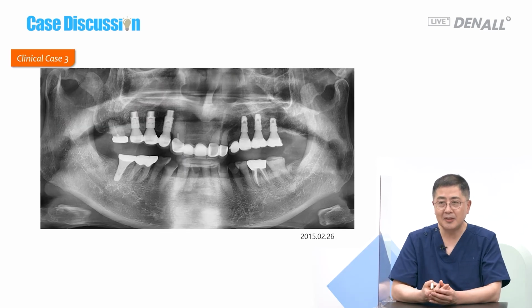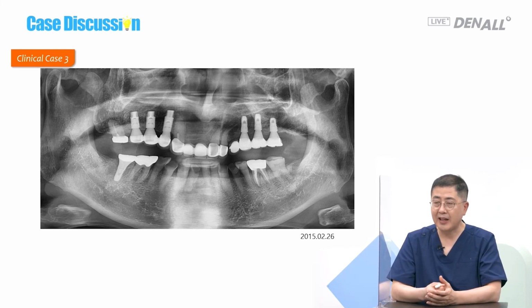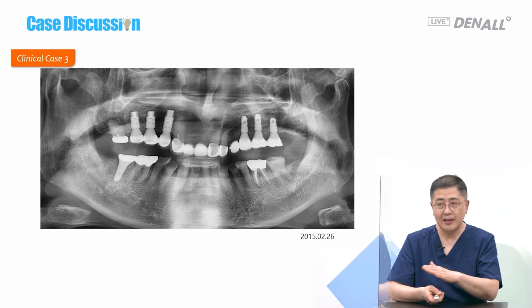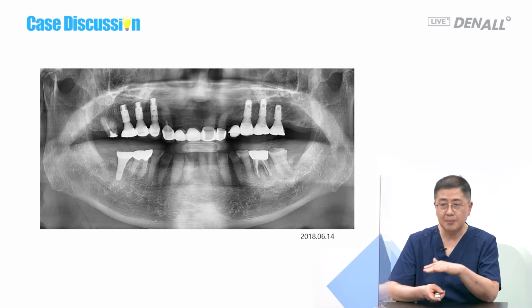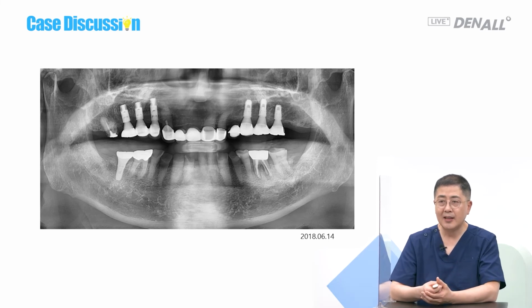I don't have photos, but I struggled to treat this patient, an 80-year-old schoolmaster's case. Implants were placed on the maxilla, and prosthesis was done in the mandible, but the teeth had attrition. Anterior teeth are worn down due to vertical pressure.